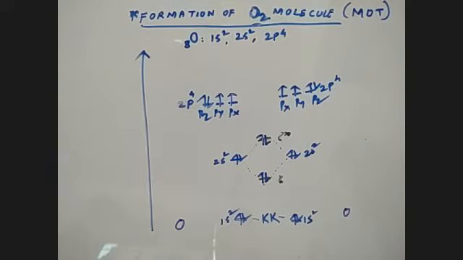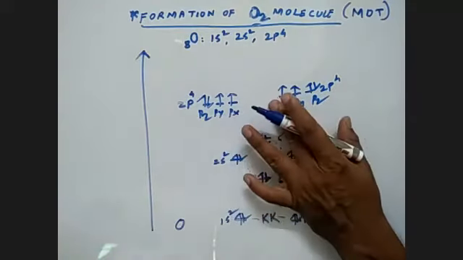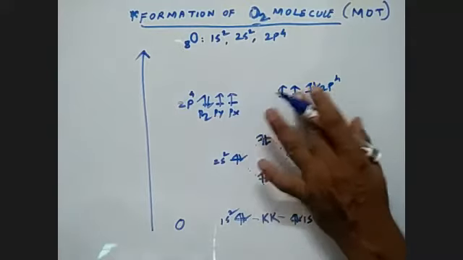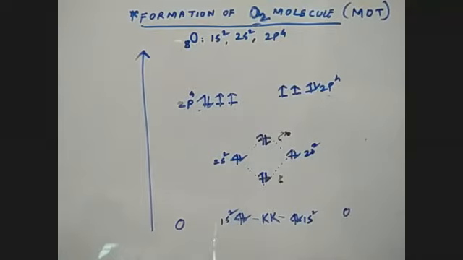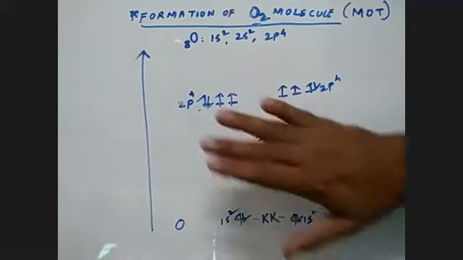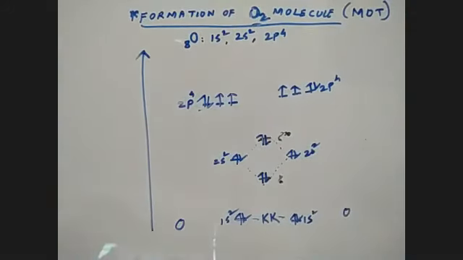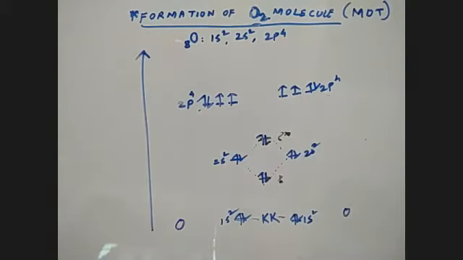Okay, fine. Now see how to write this px. There is a small space here, so I can remove this to avoid confusion. Out of these three, anyone can be px, anyone can be py, pz, no issue, because they are the same in energy. The most important point will be here, in the oxygen molecule.